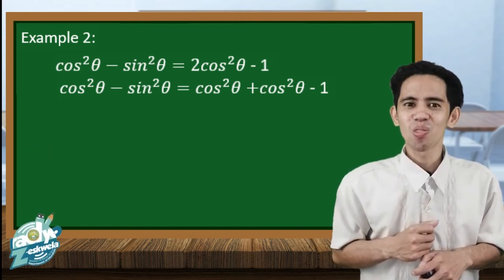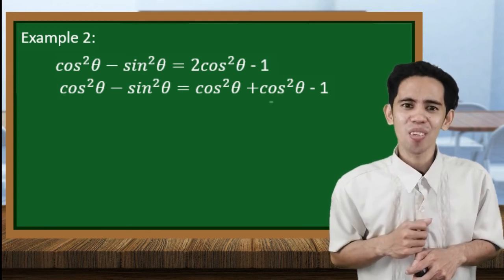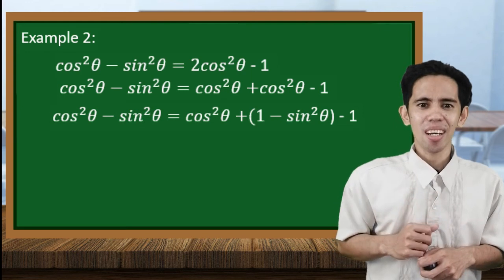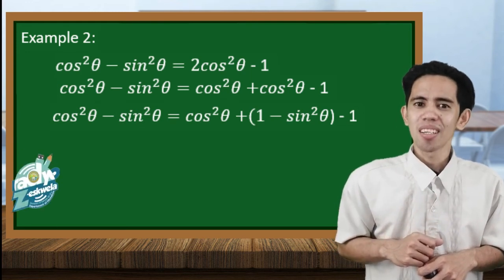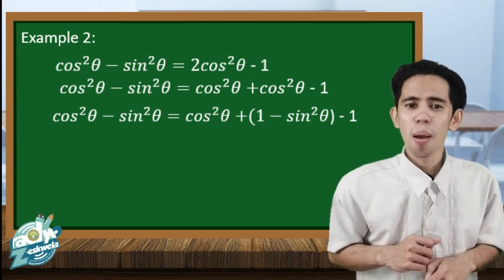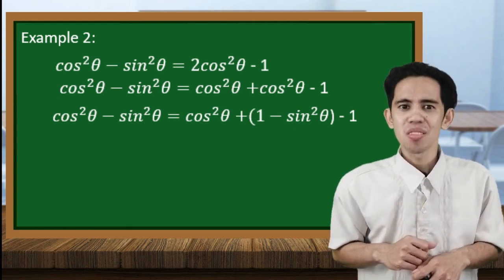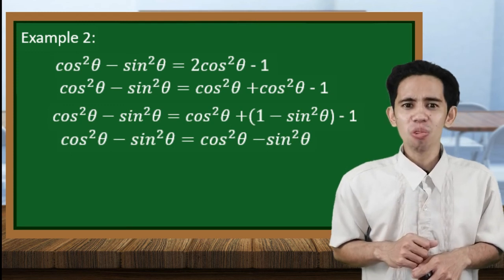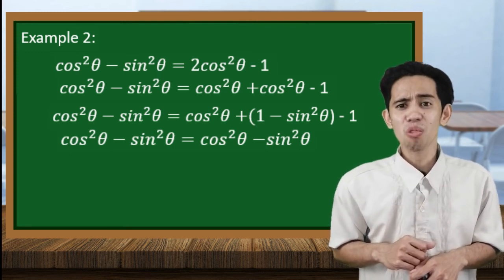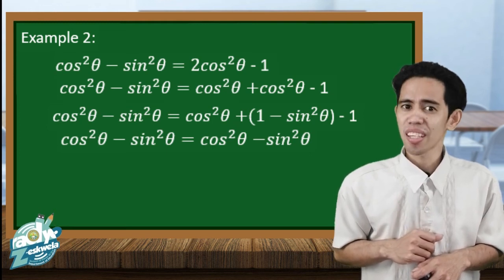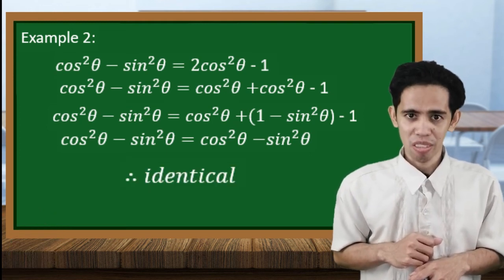Substitute that into cos squared theta of the right part of the equation. So, cos squared theta minus sine squared theta is equal to cos squared theta plus 1 minus sine squared theta minus 1. Simplify the right side. Cos squared theta minus sine squared theta, since it is equal, then it is said to be an identity equation.